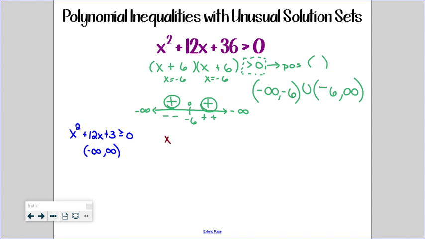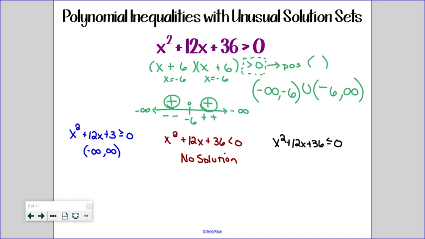Let's stick with this one and say, okay, x squared plus 12x plus 36 is less than 0. Where is it negative? Nowhere. There is nowhere on that entire problem that one would be negative. And one last look at this one. This one is a tricky one.